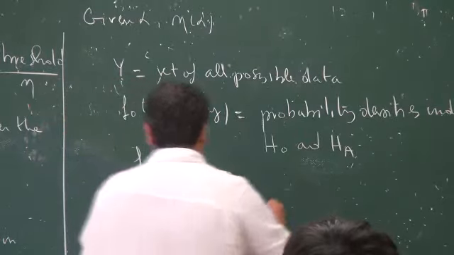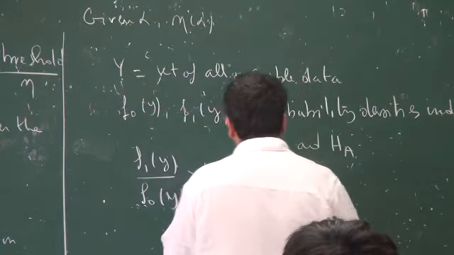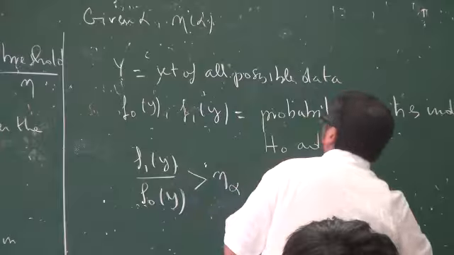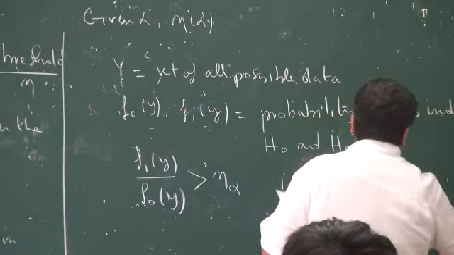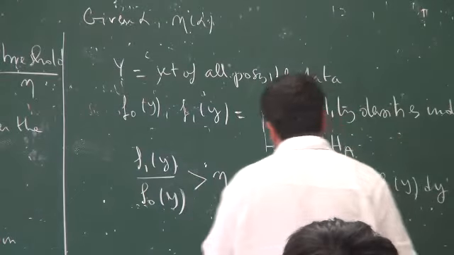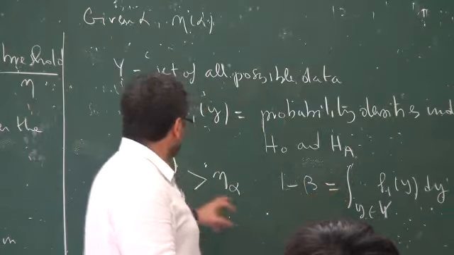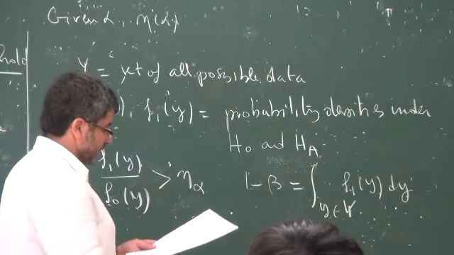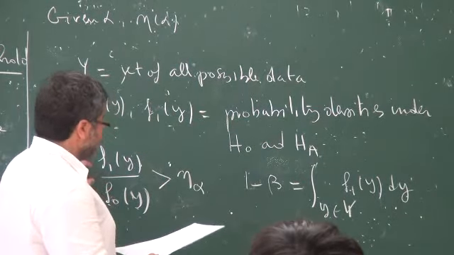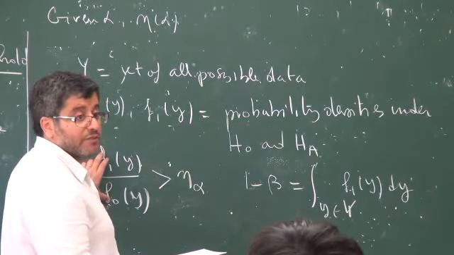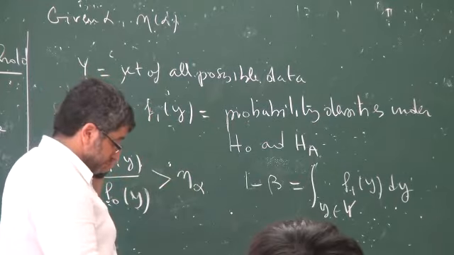When eta alpha is given, the most powerful test is given by 1 minus beta, the sum over all the possible values of y of f1(y) dy. This is the probability of detection, and we reject H0 if the likelihood ratio f1 over f0 is larger than eta. Okay.